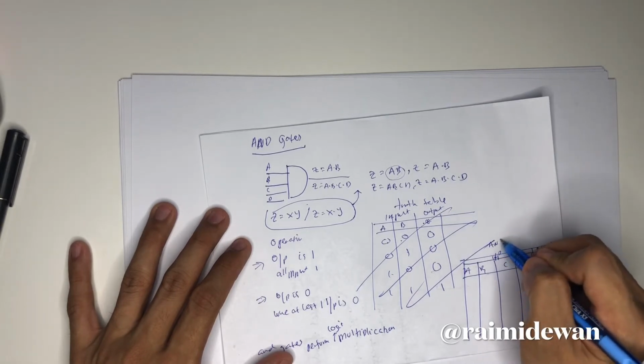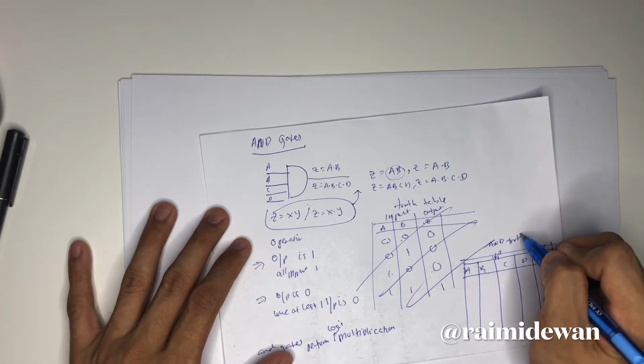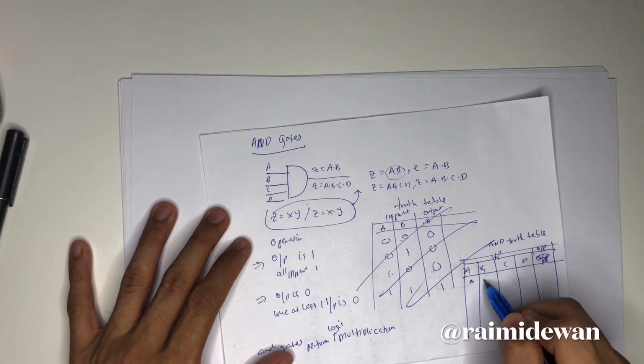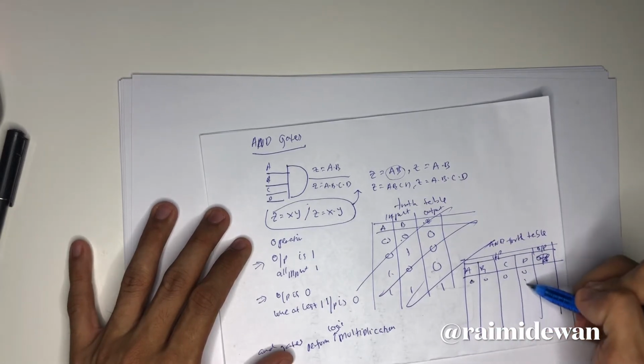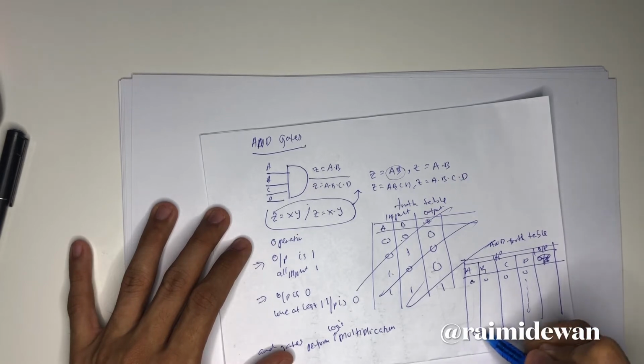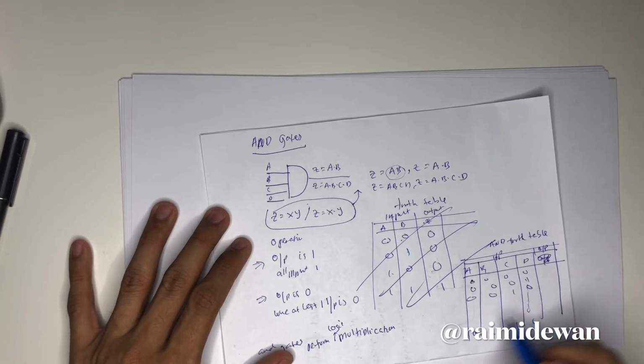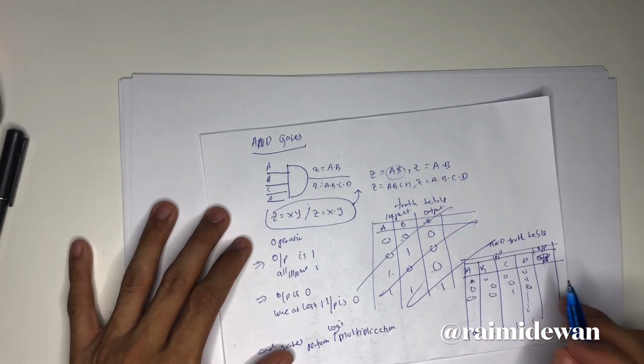This is your truth table, with combinations from 0 0 0 until 1 1 1 1. Remember, it gives output 1 only when all of the inputs are 1. So we finish with the AND gate.